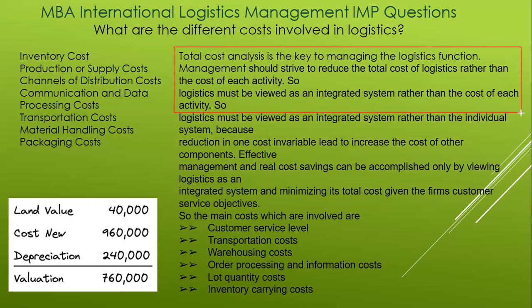Then communication and data processing cost. The software used for inventory management is so effective that when anybody buys something at a general store, the store person updates the data that these goods have been sold.